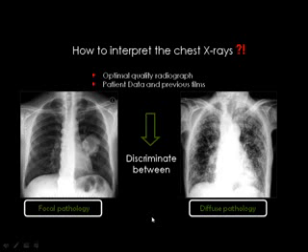Now, knowing the optimal quality radiograph, the criteria of the optimal quality radiograph, and the clinical data of the patient, and if we can have the previous films, we'll start the interpretation of the chest X-ray. Then, in order to interpret the chest X-ray, we have to differentiate between two very big issues: the focal lung lesion and the diffuse lung pathology.